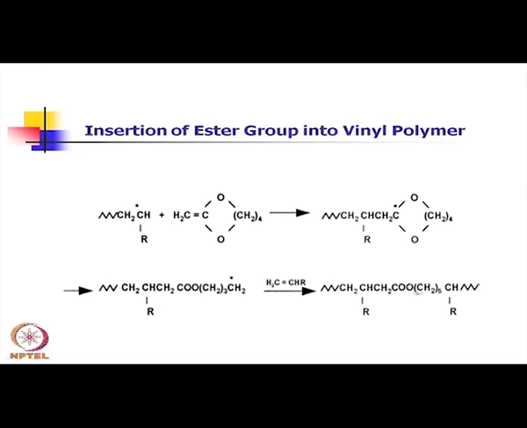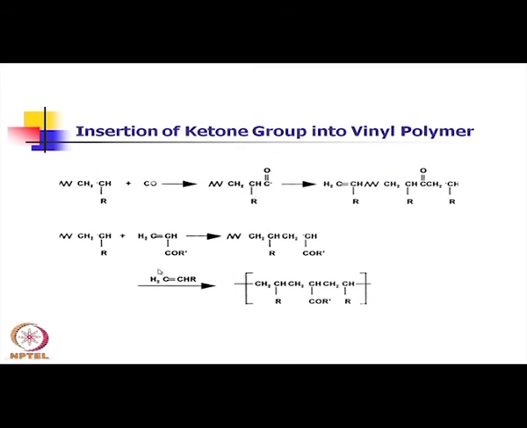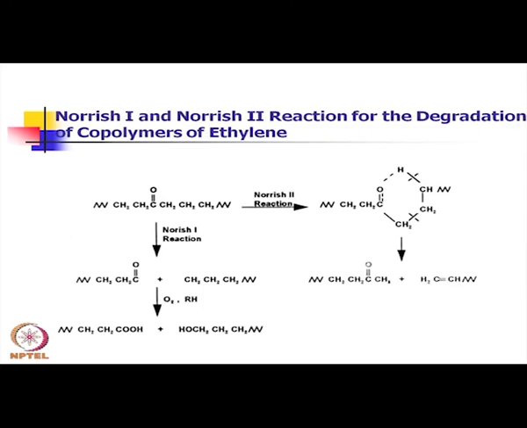So, COO has been inserted in the backbone chain, and that vinyl polymer will be degradable by this process if it is modified. Similarly, a ketone group can also be inserted in a vinyl polymer, and here you see a CO group has been inserted by this chemical reaction, and such insertion of ketone groups can also help degradation of vinyl polymers.